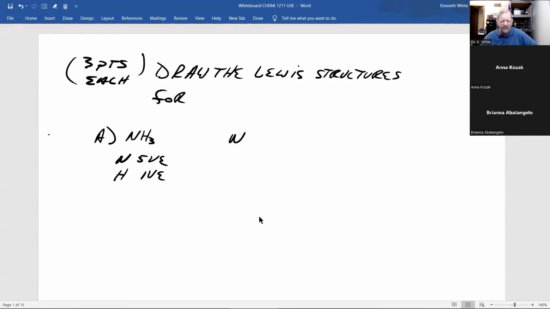Now, if I do the Lewis structure, and when you're doing the problem, you don't have to do all this, but I'll show you the final answer. Now, hydrogen is the only exception to the octet rule. Its octet is 2.